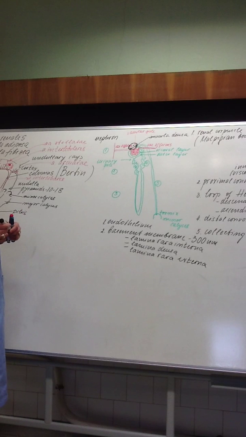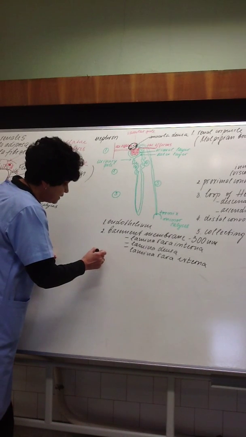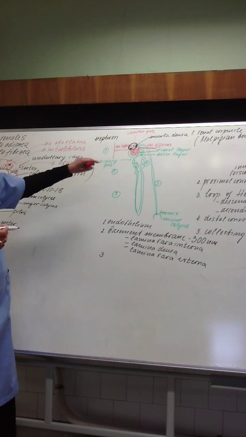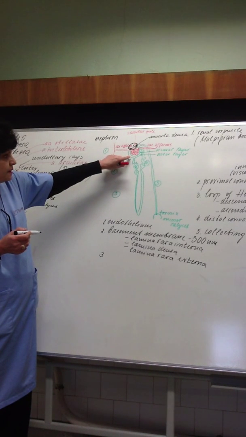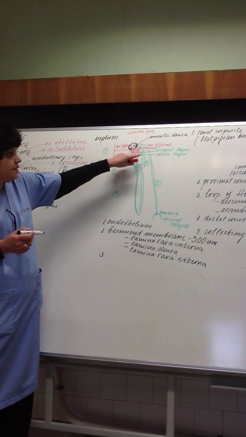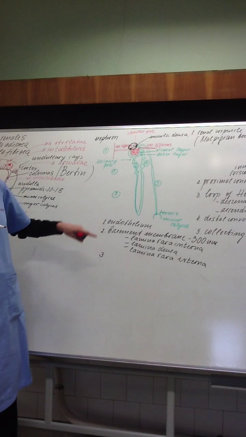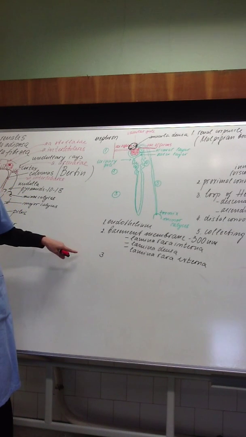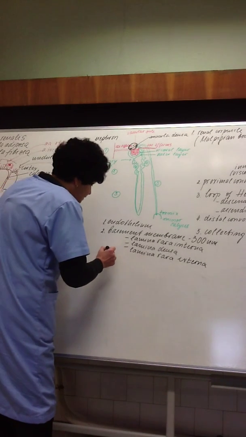And the third component of the filtration barrier are the cells that line the visceral layer of Bowman's capsule. Visceral layer.